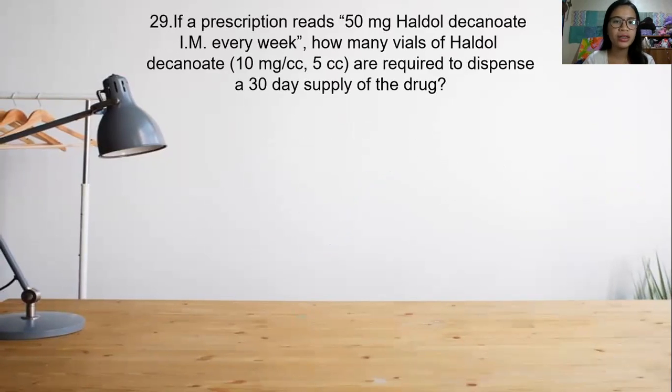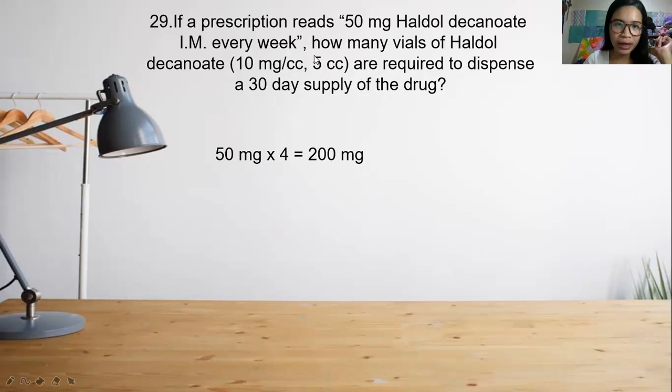Second to the last number, if a prescription reads 50 milligram Haldol decanoate intramuscular every week, how many vials of Haldol decanoate, which is 10 milligram per cc and 5 cc, are required to dispense a 30-day supply of the drug? So in 1 month, we have 4 weeks. So what I did here is 50 milligram times 4 weeks, equals 200 milligram.